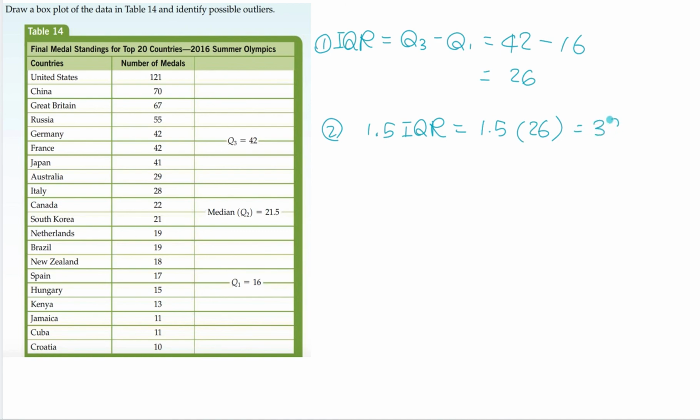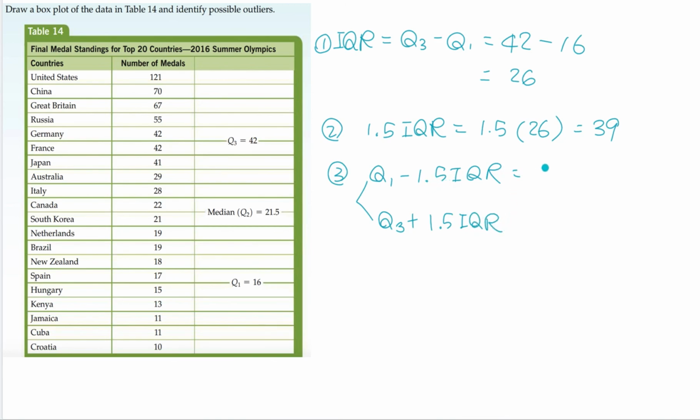That's 39. So you need to look at what value is lower than Q1 minus 1.5 IQR, and you need to find what value is bigger than Q3 plus 1.5 IQR.